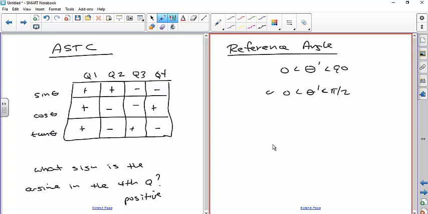The way we calculate them is, if you have an angle with the initial side and the terminal side, this is the angle theta. The reference angle is the angle between that terminal side and the nearest x-axis. So this would be theta prime.